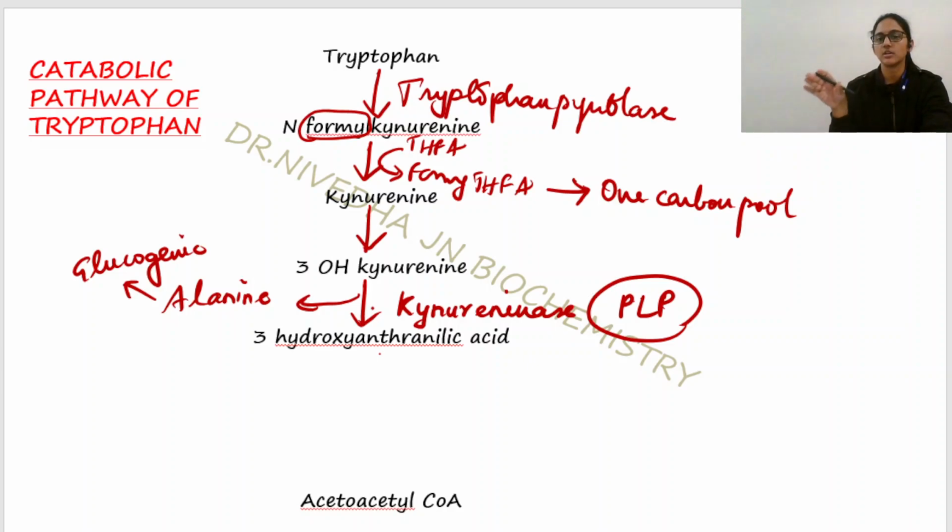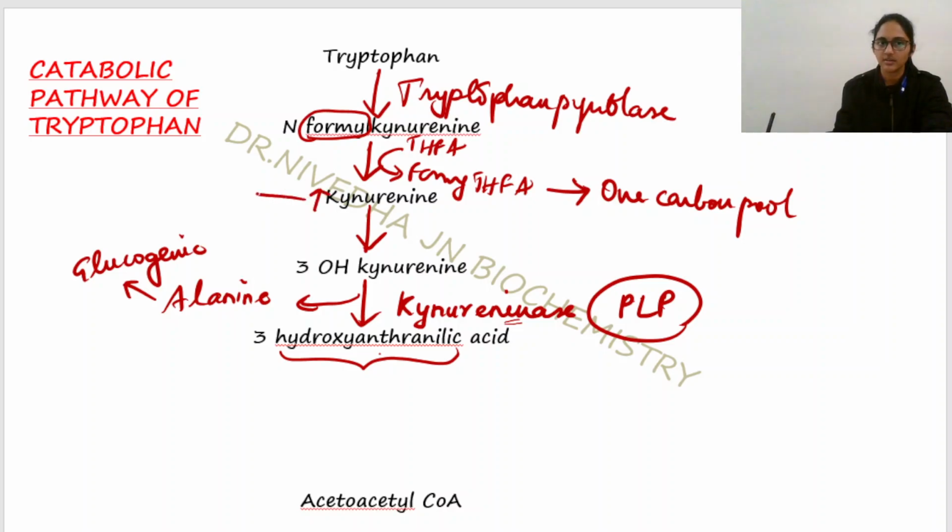Niacin deficiency causes pellagra. If pyridoxal phosphate is deficient, then niacin cannot be formed because niacin has to be formed from hydroxyanthranilic acid.